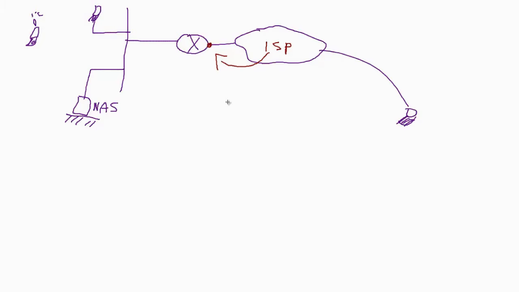I encourage you to go to your router. In most cases, you will see that your router is pre-configured to get an IP address from your ISP. So your ISP will say, okay, here is your IP address.